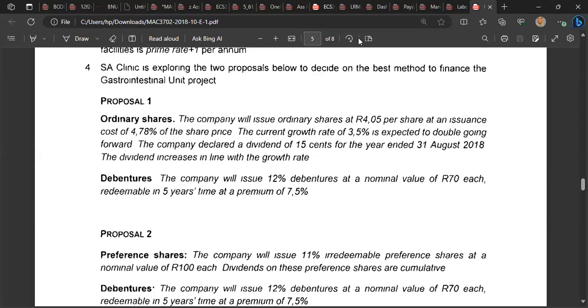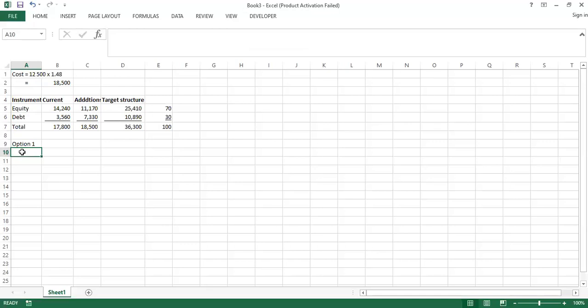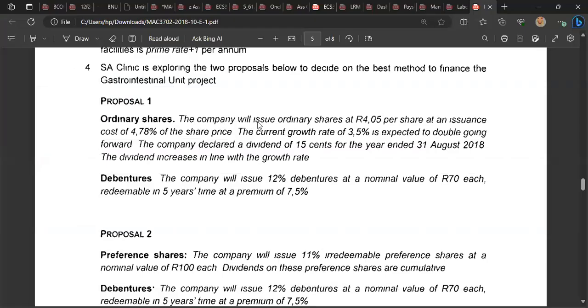So, to make this a lot more interesting, under option 1 we can say value per share. Here we are dealing with the amount that each share can give us, what we can actually get out of a share. These shares are valued at 4 rand 5 cents with an issuance cost of 4.78%.